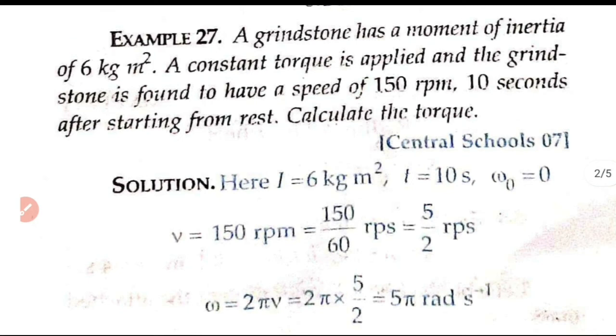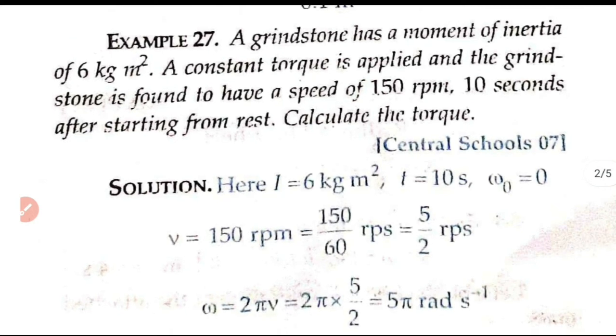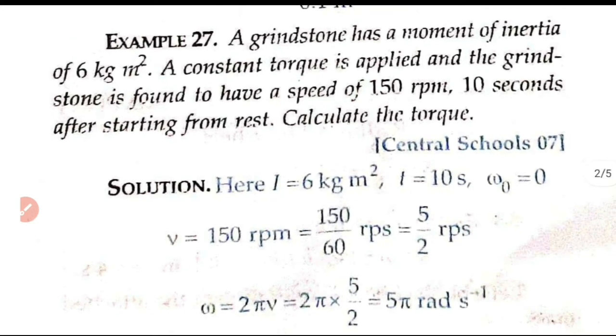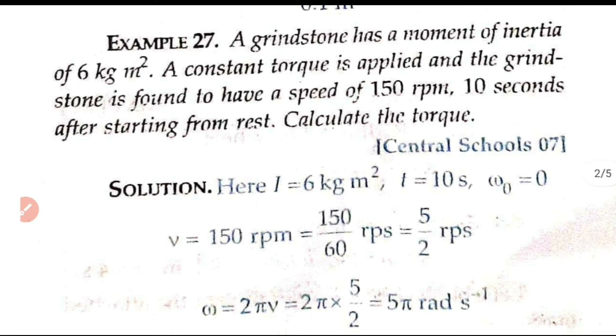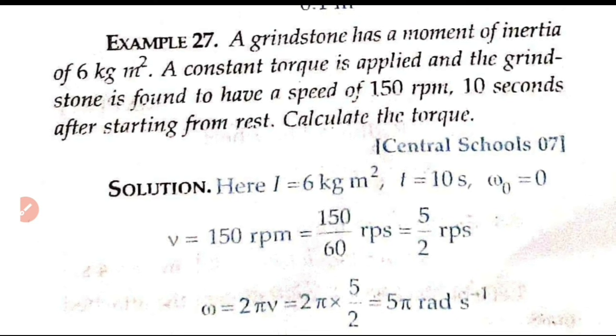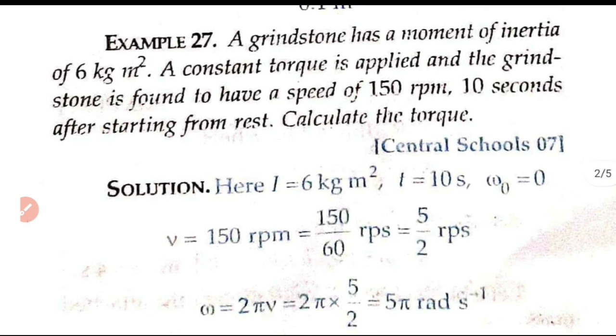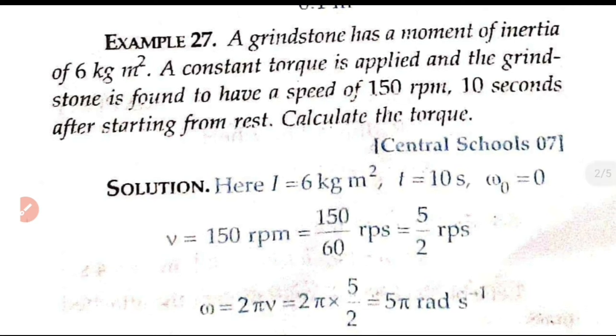First we need to find alpha. To find alpha, we need omega and omega 0. The time taken is 10 seconds. Moment of inertia is directly given. A constant torque is applied and it is found to have a speed of 150 rotations per minute.